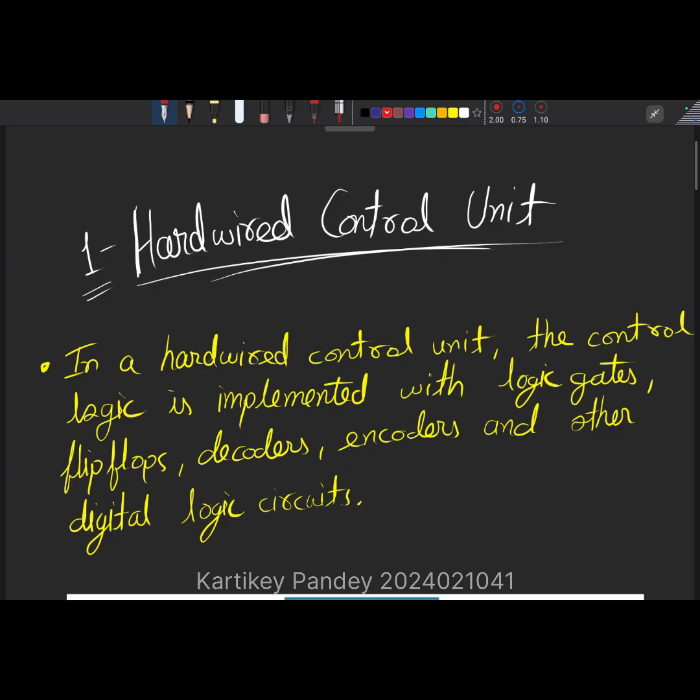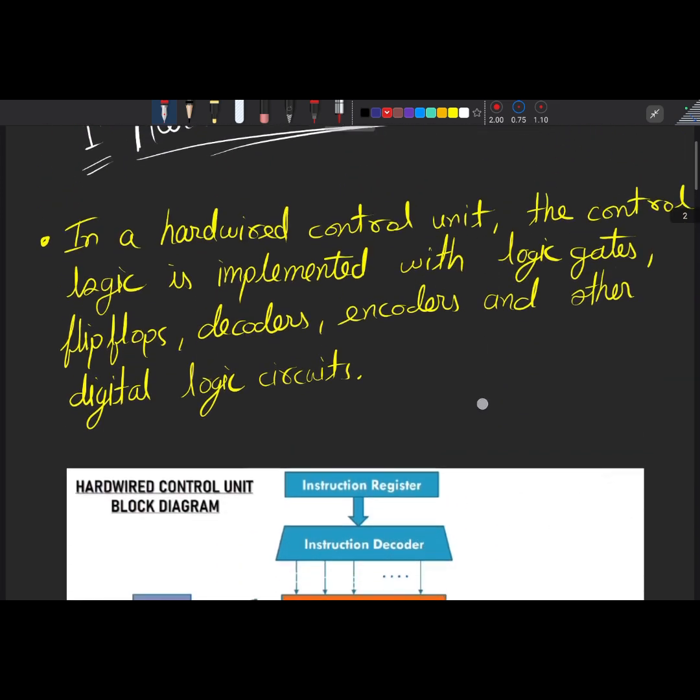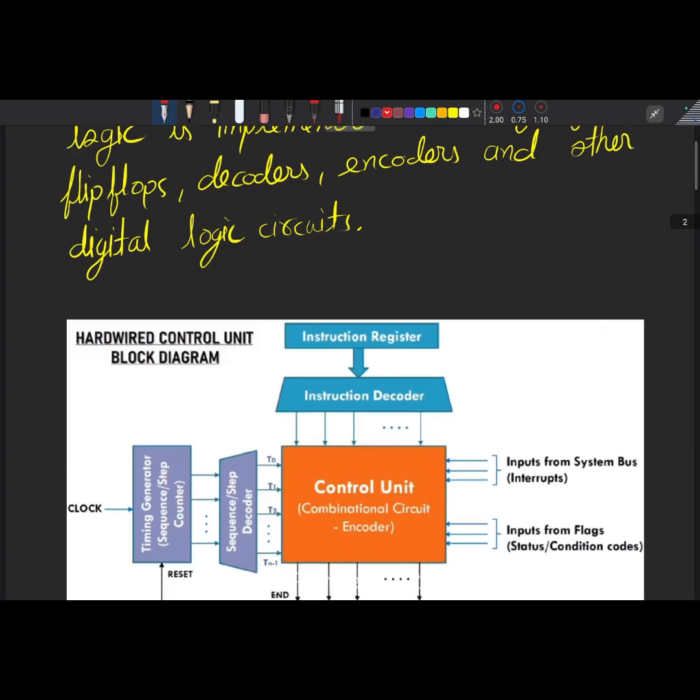So everything is fixed and there is no control memory. In case you don't know about control memory, we will discuss it in the next video on the microprogrammed control unit, where it is present. Here no control memory is present, therefore it doesn't have to fetch any data from the control memory. Therefore it is faster, which we will discuss later when we discuss the advantages.